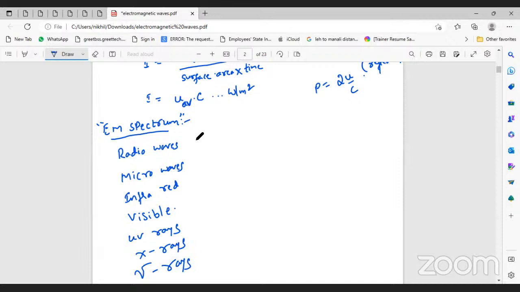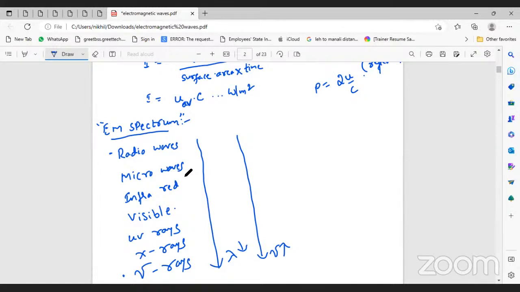This is the decreasing order of wavelength, or you can say the increasing order of frequency. For which spectrum is the wavelength more? The wavelength is more for radio waves. The wavelength is very less for gamma rays.